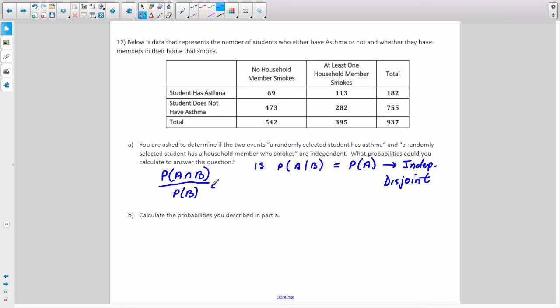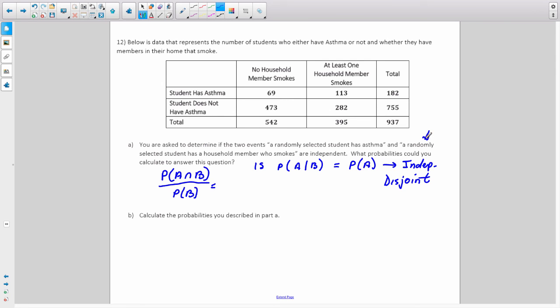So if I look at my table, I'm looking for the intersection of a randomly selected student has asthma, and a randomly selected student has a household member who smokes. So the probability of a randomly selected student who has a household member that smokes would be what comes first.